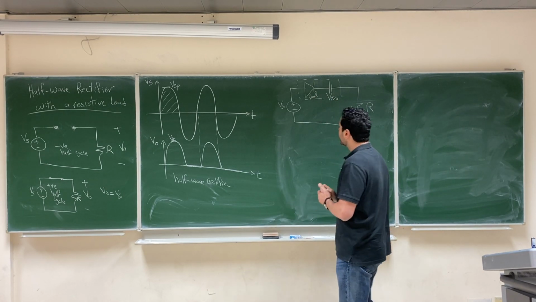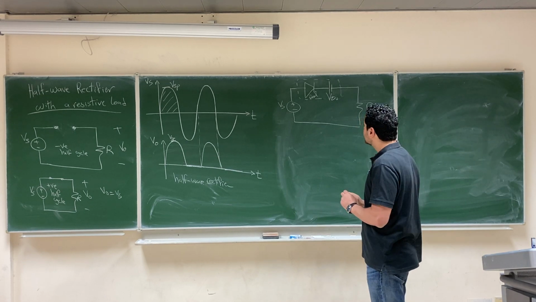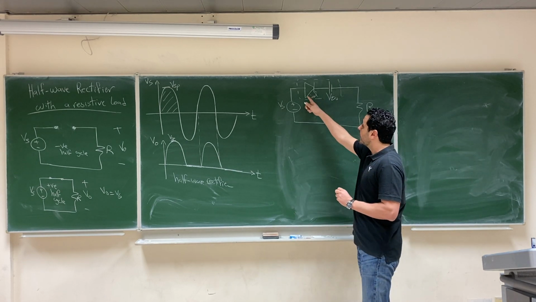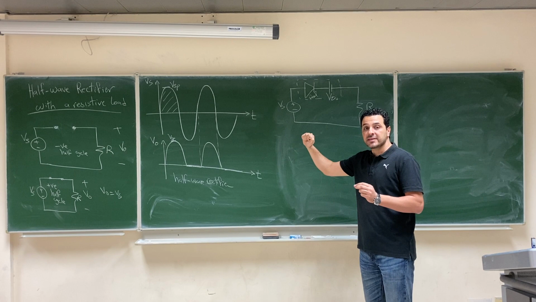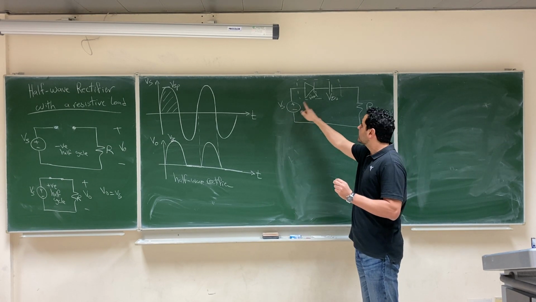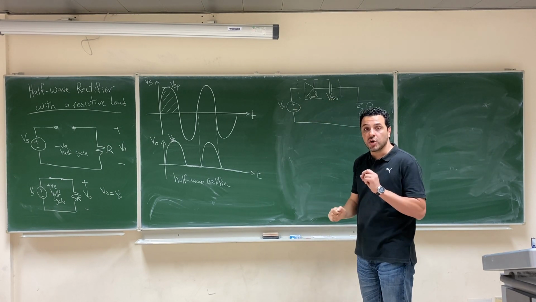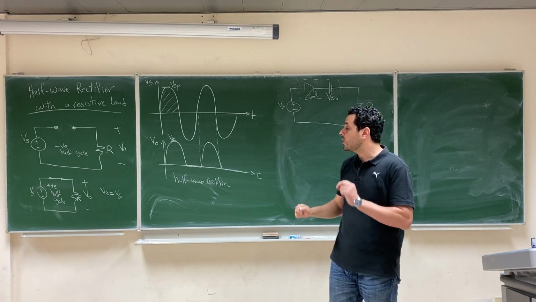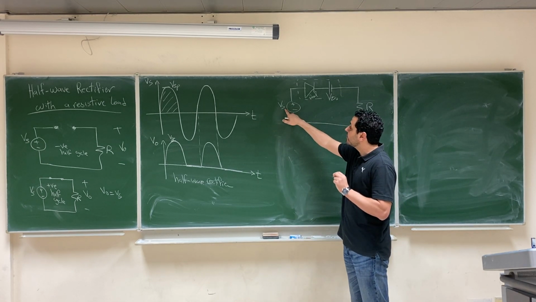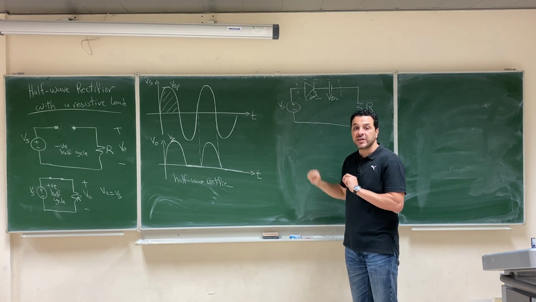In this case, the ideal diode here will not operate if Vs is smaller than VDO. So it will start to operate only when the secondary voltage increases above VDO.